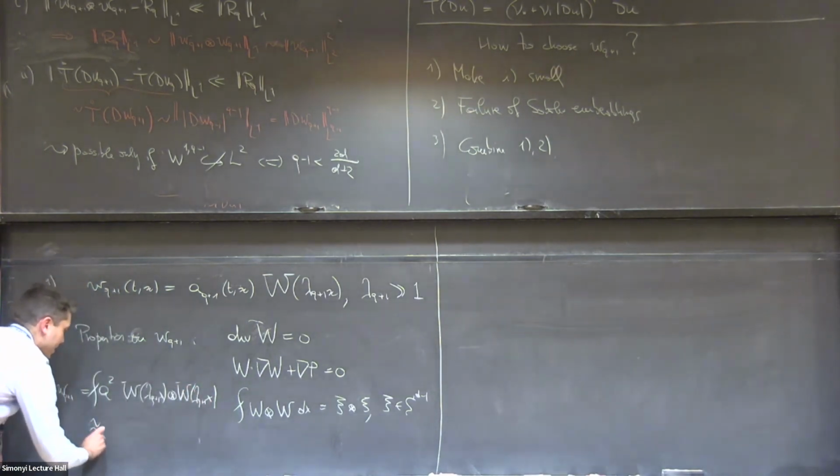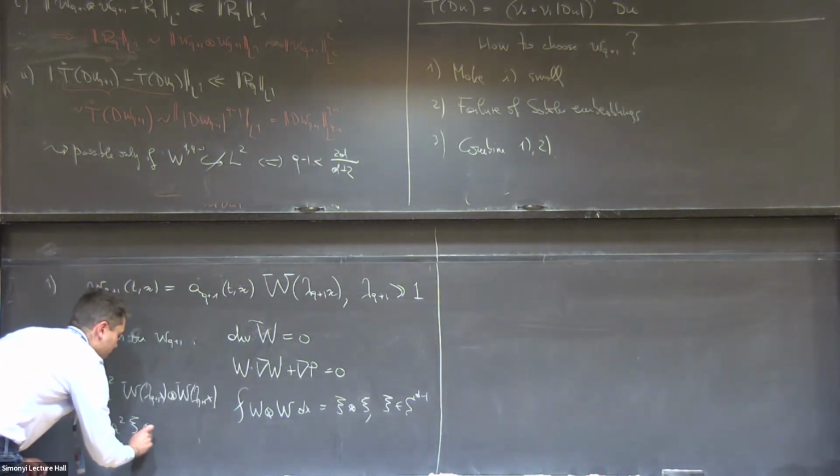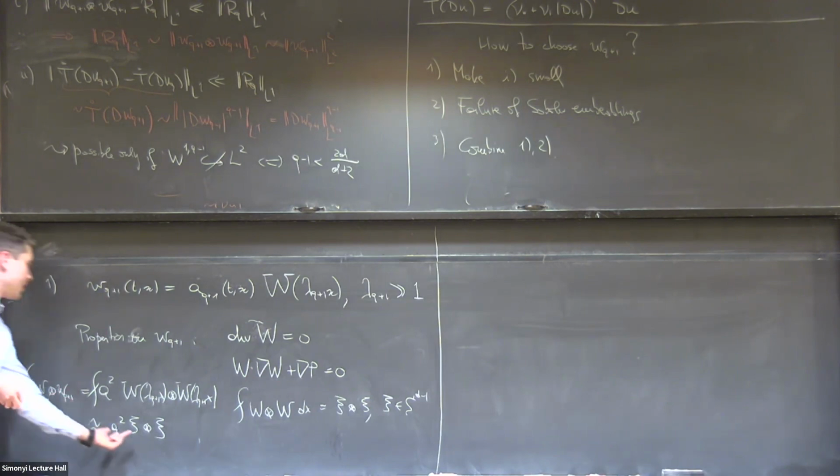So what I get is essentially a squared times psi tensor psi. So the idea is that at least on some length scale, this W tensor W has this form.